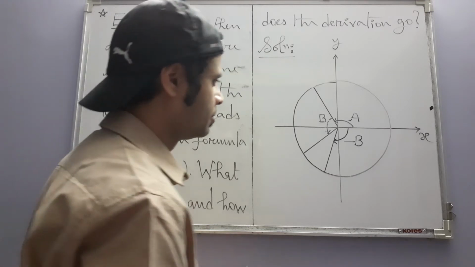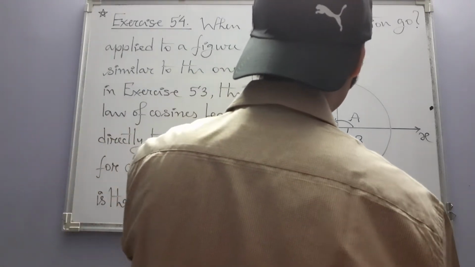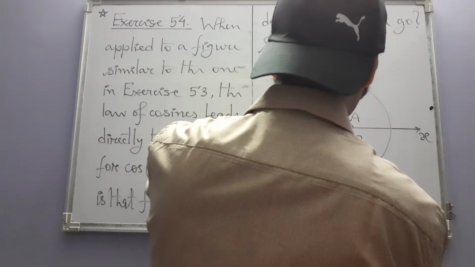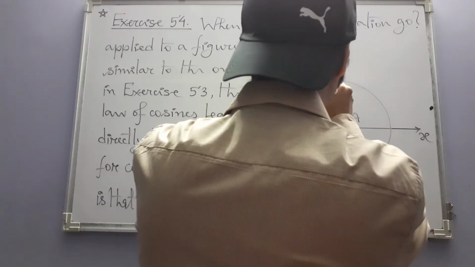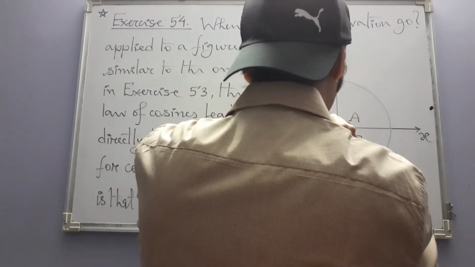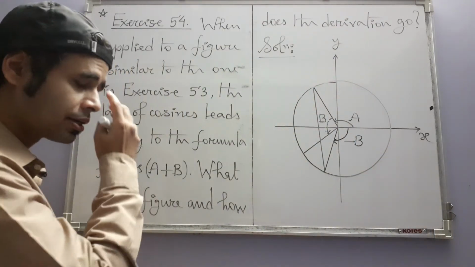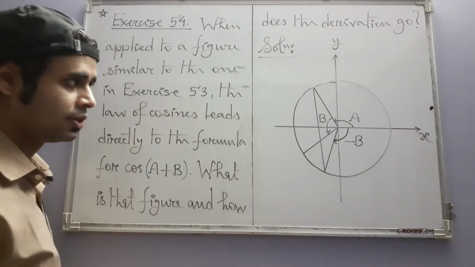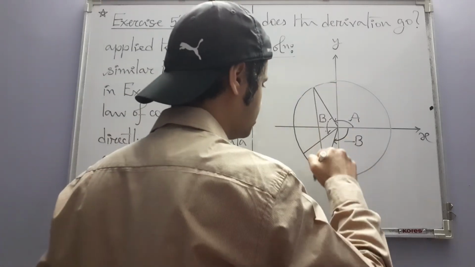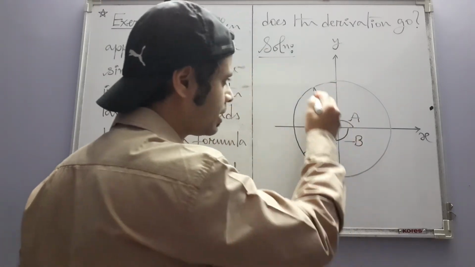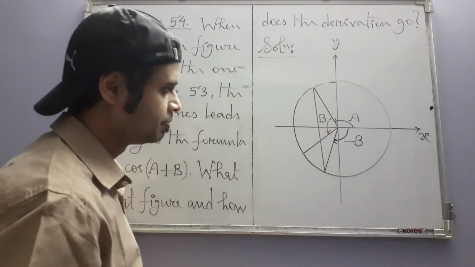Okay. Now next what we do, we join these ends of those terminal rays. And we are now going to give some names to these vertices. You can already see that we have a triangle.